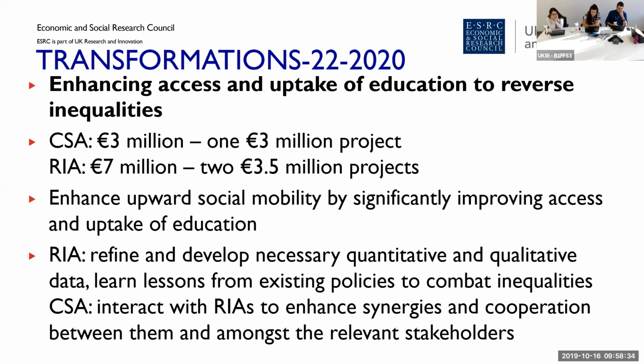Transformations 22. So we've got the CSA and RIA here. So again, don't apply for both, please pick one. The expected impacts for the research and innovation action are to support the advancement and uptake of effective and efficient practices in order to reverse inequalities.